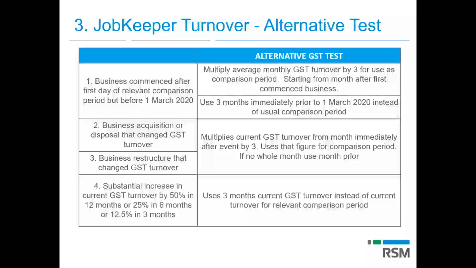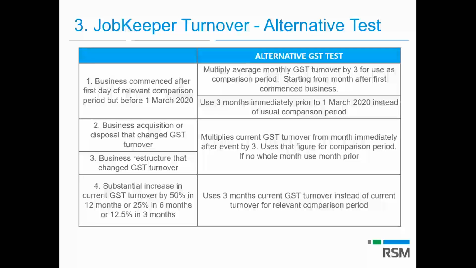Tests 2 and 3 listed up there on the slide apply where there has been a business acquisition, disposal or restructure. And for these tests to apply, there must have been either an acquisition or disposal of a part of the business at or after the start of the relevant comparison period, or alternatively, in the case of the third test, a restructure. And the acquisition, disposal or restructure must have changed the entity's current GST turnover.